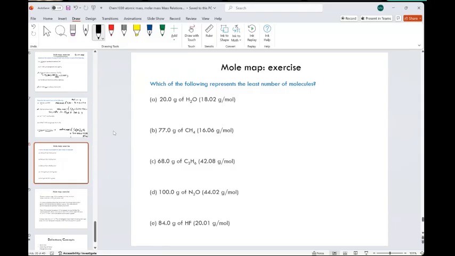Which of the following represents the least number of molecules? Now it is one step further. So what we have learned: you have given some gram. You need to find mole, and then you can answer number of molecule.